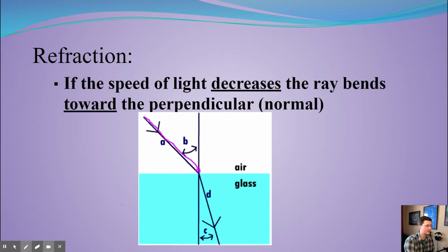You can see we now have this bend of our light, and it's getting closer to the perpendicular, because the distance from here to here is now smaller once we're in that different medium. So that angle changes. It's now bending down towards that normal line.